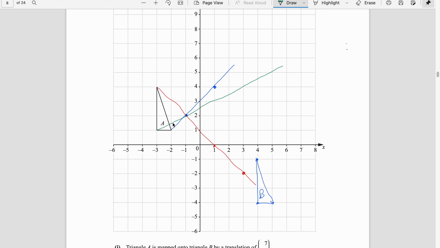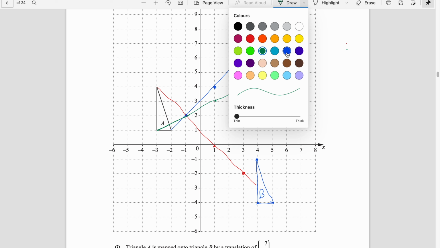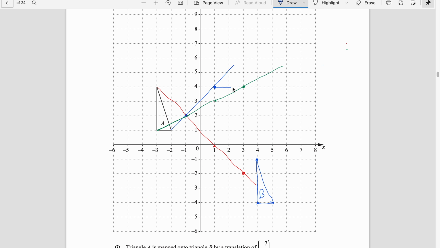So note this length. This is your 1 unit. So on the other side 1 and 2. And finally we have our enlarged triangle with scale factor -2 labeled as C.